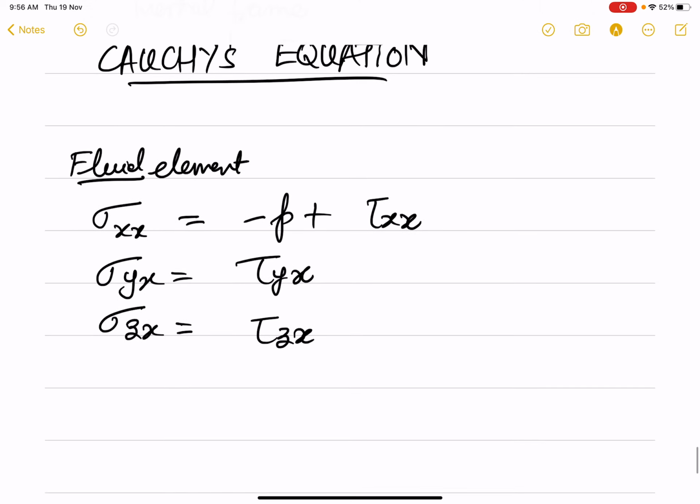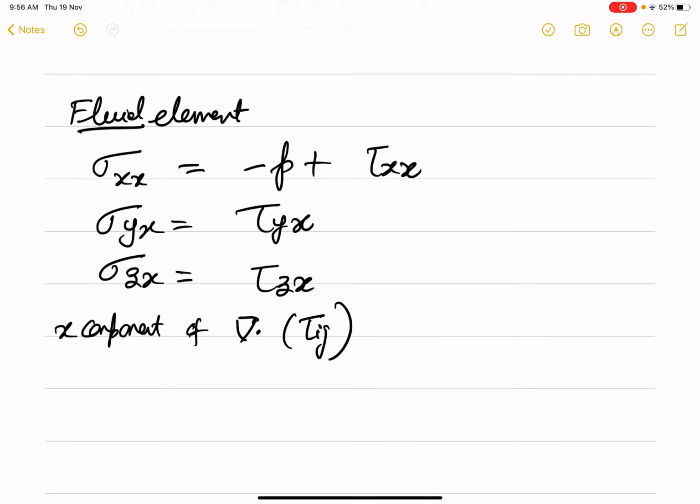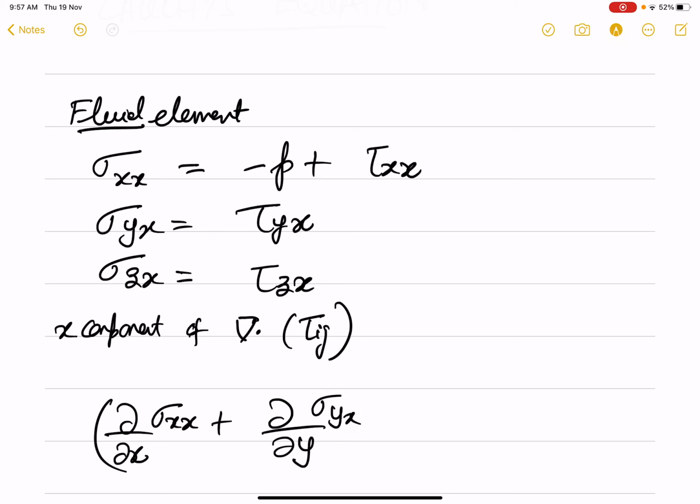So now if I look at the x component of del dot sigma ij, this x component will be partial by partial x of sigma xx plus partial by partial y of sigma yx plus partial by partial z of sigma zx.